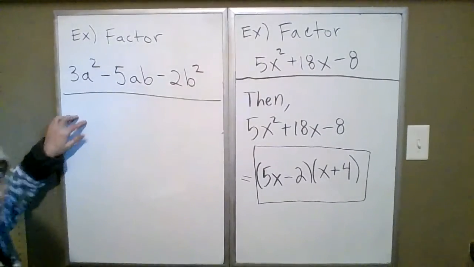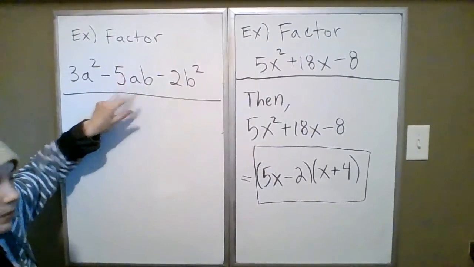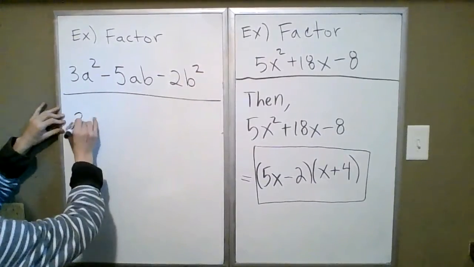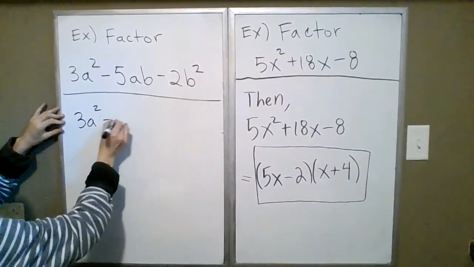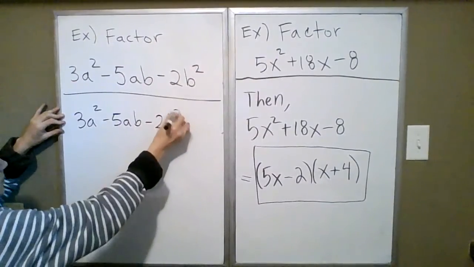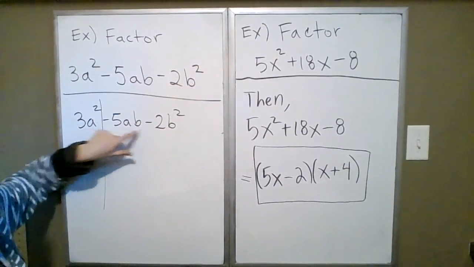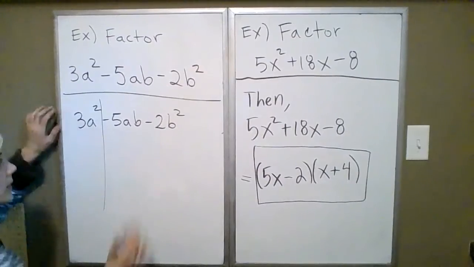Okay, so definitely when there's 2 variables, a and b, I'm going to use the grid. And split this here with the negative sign on 5ab, and that negative sign goes on 2b squared.